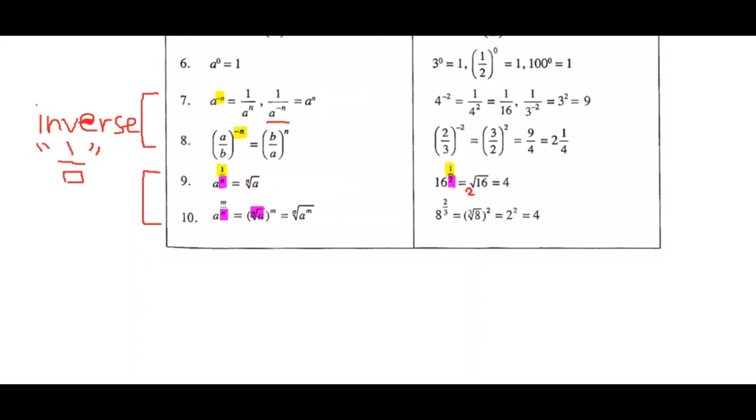So if you can see this a root n over here, it is the same as this a root n over here, right? And on top of that, because it is to the power of m on top, the numerator, there's an extra m that is a power of this a root n, right? There's an extra power m here.